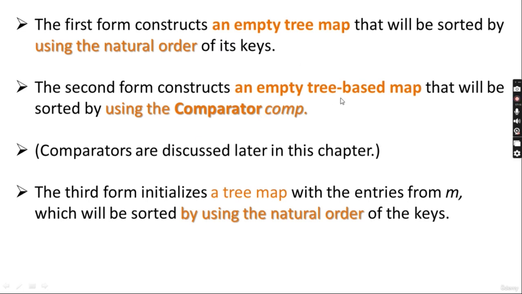The second form constructs an empty tree-based map that will be sorted by the comparator object. This tree-based map will be sorted by using the comparator comp, and this is the comparator we will be seeing in an upcoming slide.